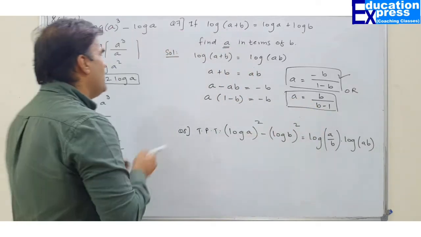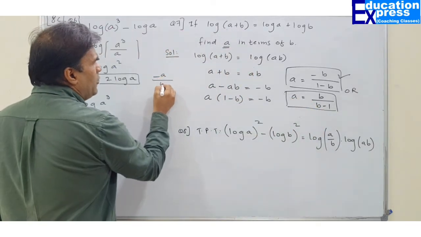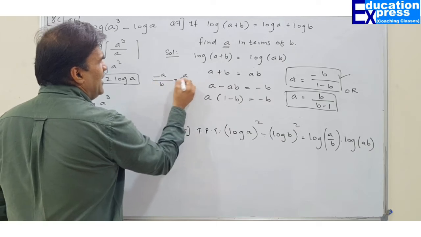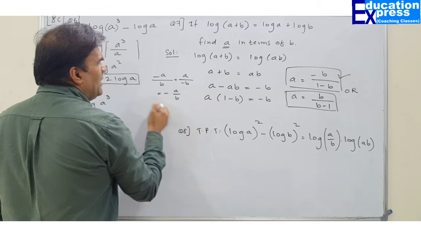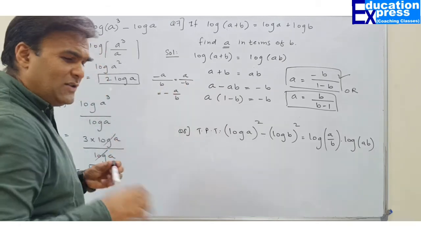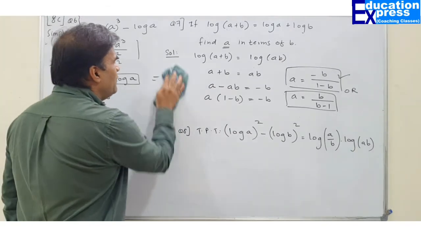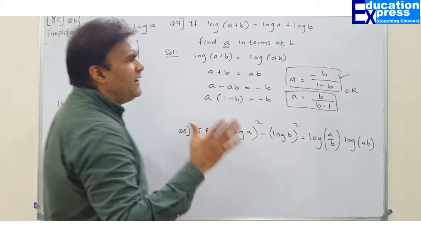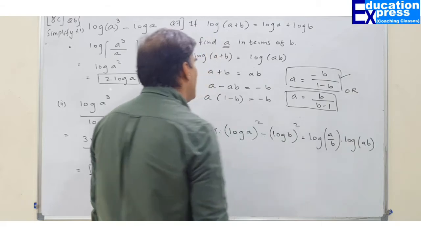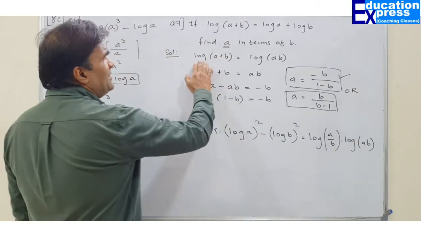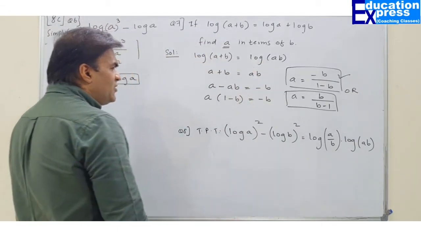It's very scientific. If you have minus a upon b, you can write this as a upon minus b, or you can write it as minus a upon b. They are all one and the same. It's not going to make any difference to your answer. Only in appearance you may get an impression they are different, but they are one and the same. So my dear friends, this is also a very simple question.